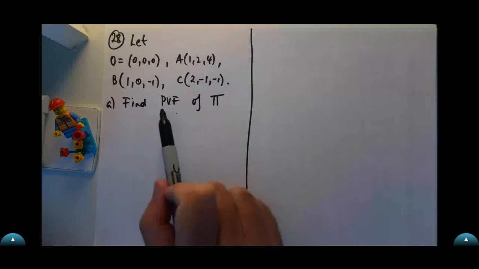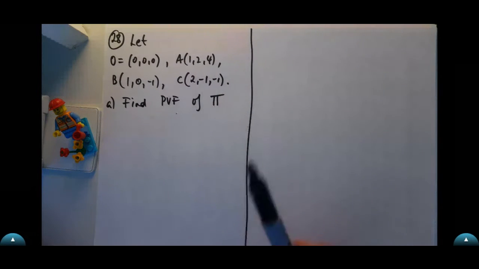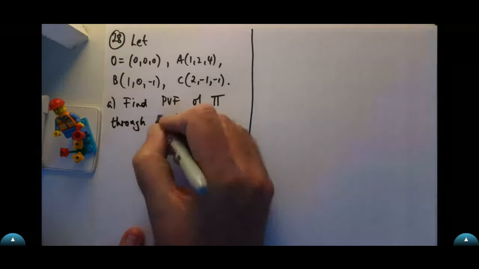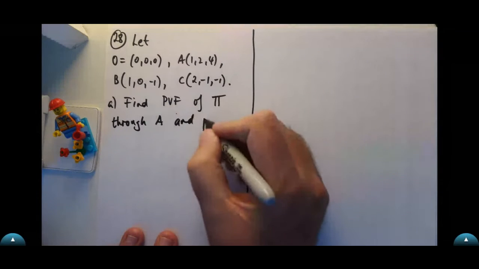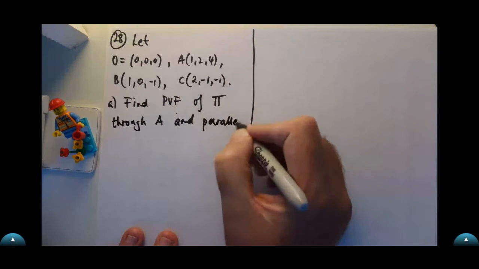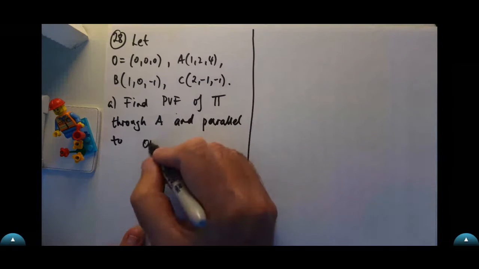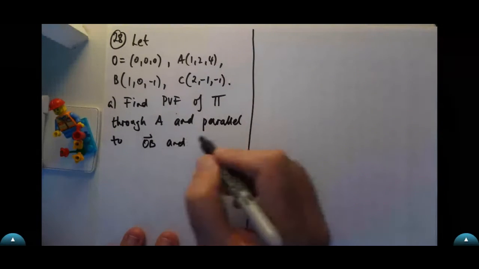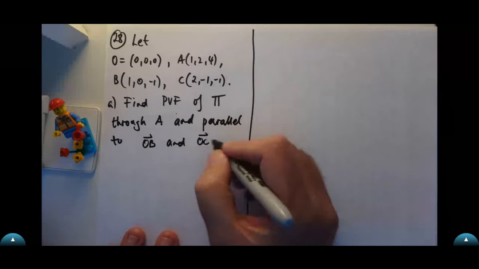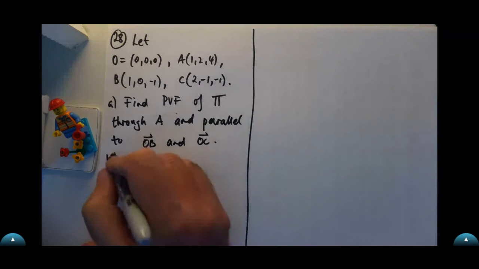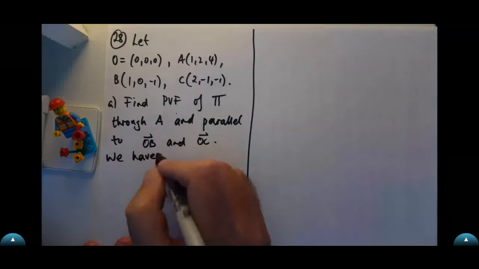So PVF, parametric vector form of the plane through A and parallel to OB and OC. Okay, so it's pretty easy to do that. These are just position vectors. We can basically just write down the PVF straight away. So this is a pretty easy question, or at least an easy part.